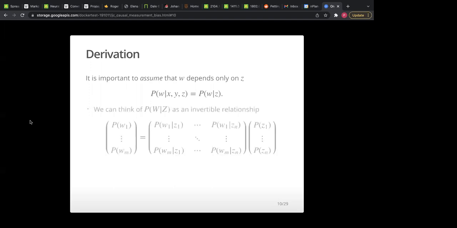Next step, please. And now the idea is that a relationship can be invertible, right? So I took a little bit of a liberty here, because he only talks about an invertible relationship, which sort of suggests that there must be at least as many different W values as Z values. But on the other hand, I'm not quite sure how strictly necessary that is.